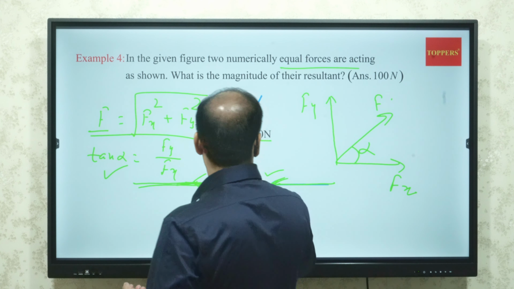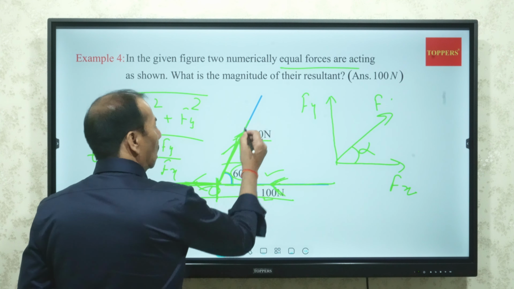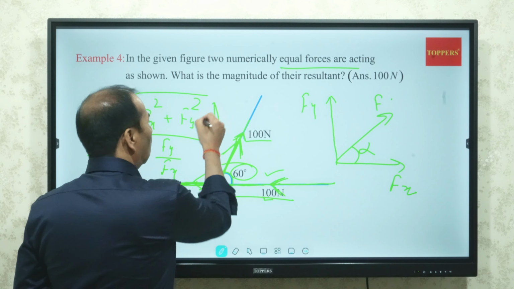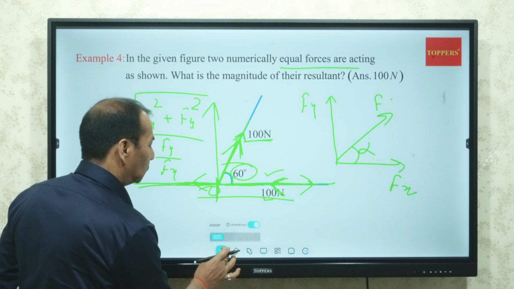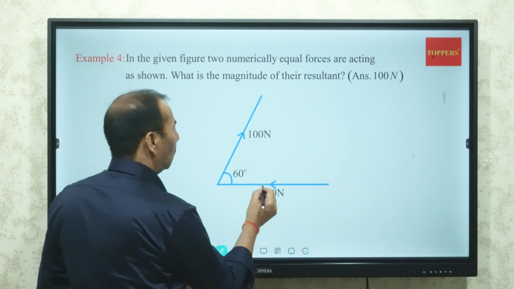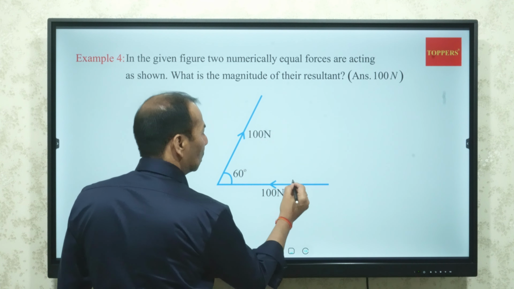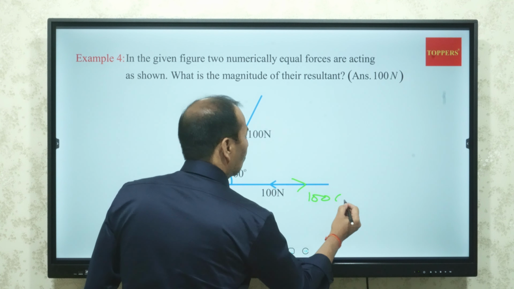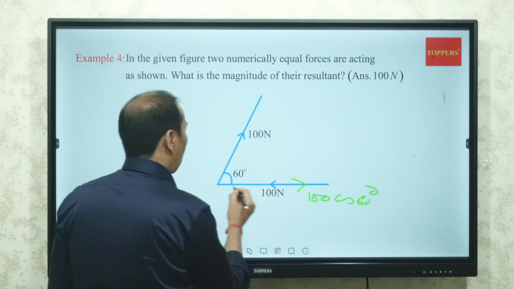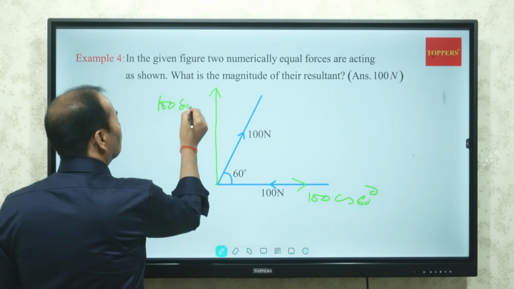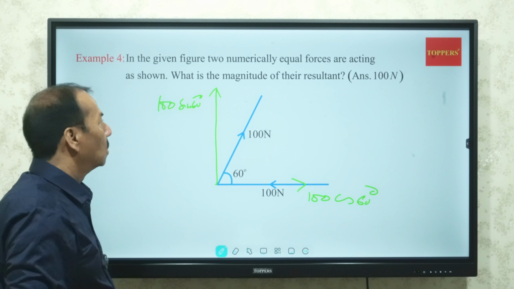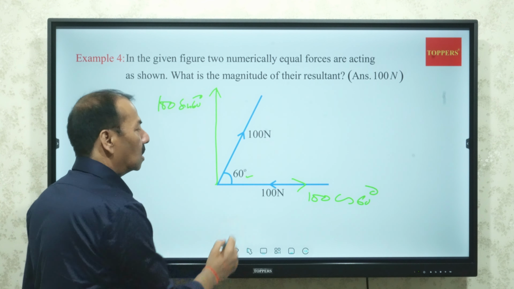So here, 100 Newton at an angle of 60 degree. It will have a component along the y direction and a component along the x direction. So this is 100. If you calculate the component of this 100 along this direction, it will be 100 cos 60 degree. And along the y direction, it will be 100 sin 60 degree, because this angle is 60.